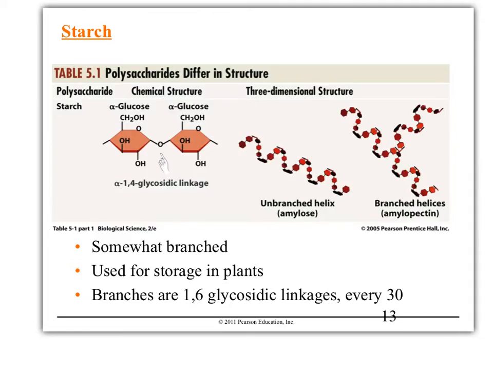Here we have starch. It's what? Alpha. Yes, alpha. Why is it alpha? Because it just is. What is important about alpha? 1,4-glycosidic. We have enzymes that can break this.